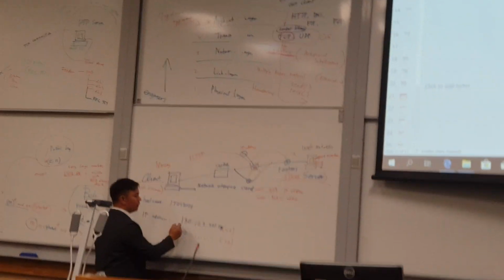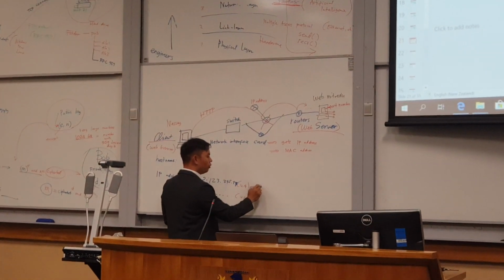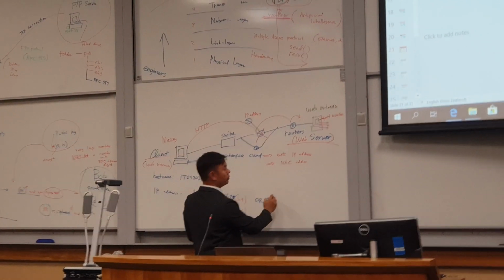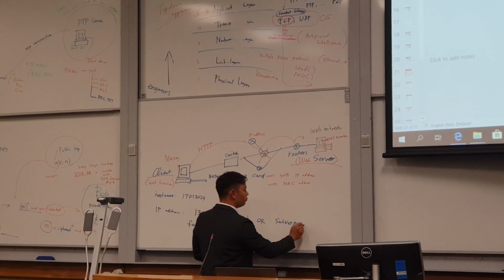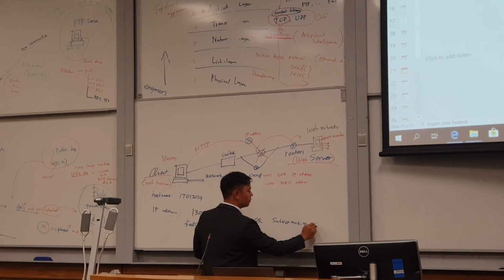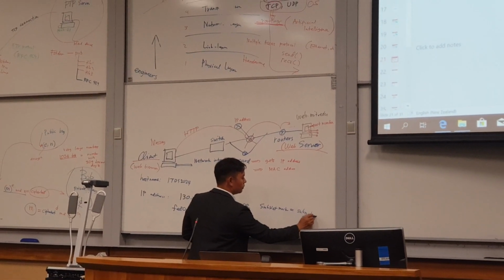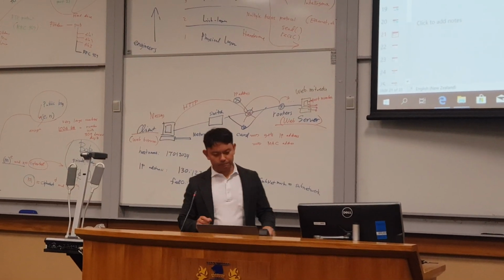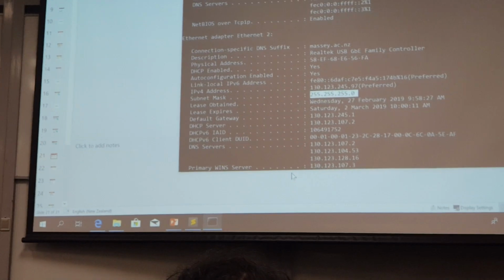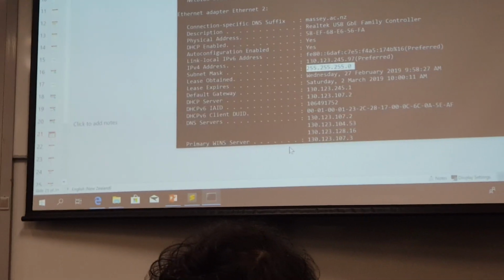If you take the IP address and perform an AND operation with your subnetwork mask, then you can compute your subnetwork. These things will become clear later on once we study the IP addressing scheme. And then what else?